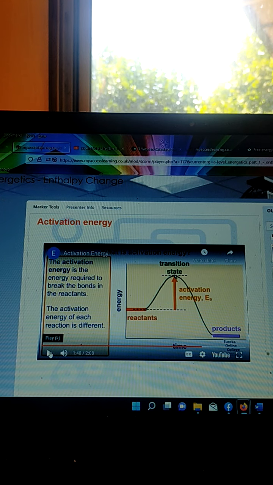Now, the transition state refers to a hypothetical state in which you can plot what the value might be of all of the mole of hydrogen and the half a mole of oxygen.